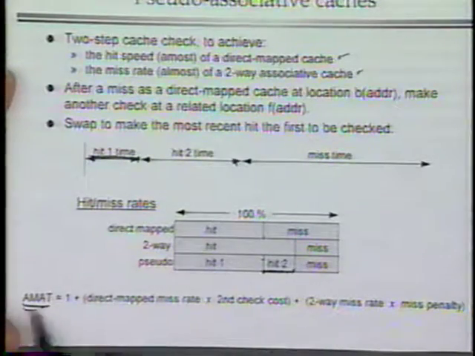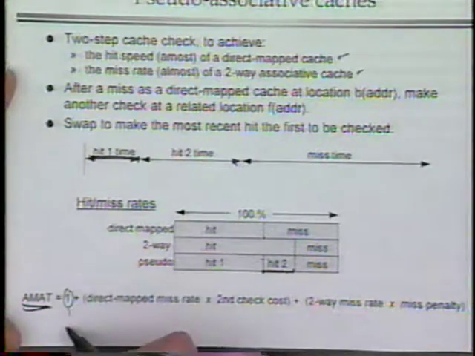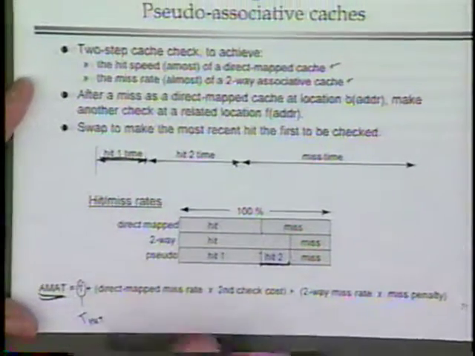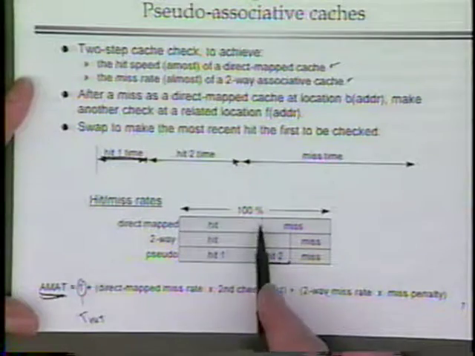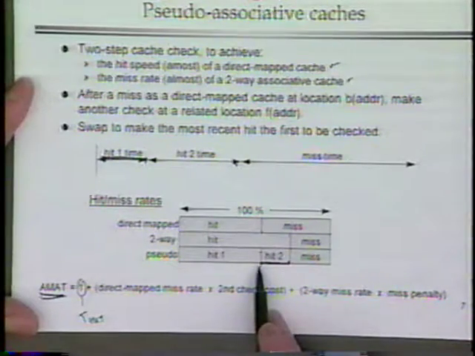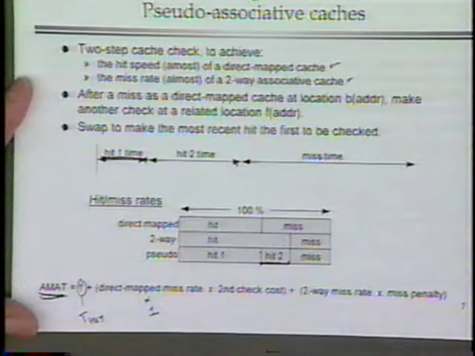So one way to compute the average memory access time for this sort of three-step process is that it's one cycle, or whatever the time for a hit is, plus the rate at which the direct map cache would have missed times one cycle, say, if that's what it costs us. I'm sorry.